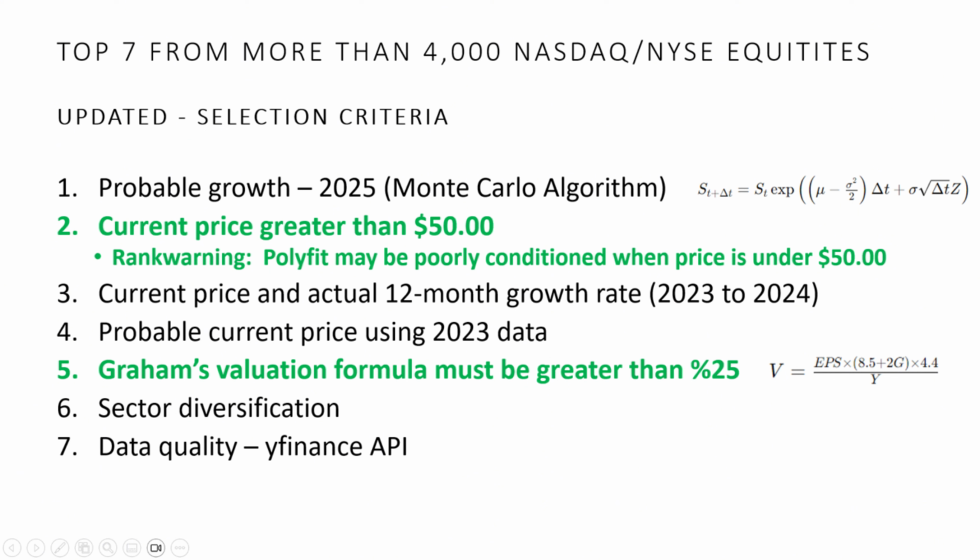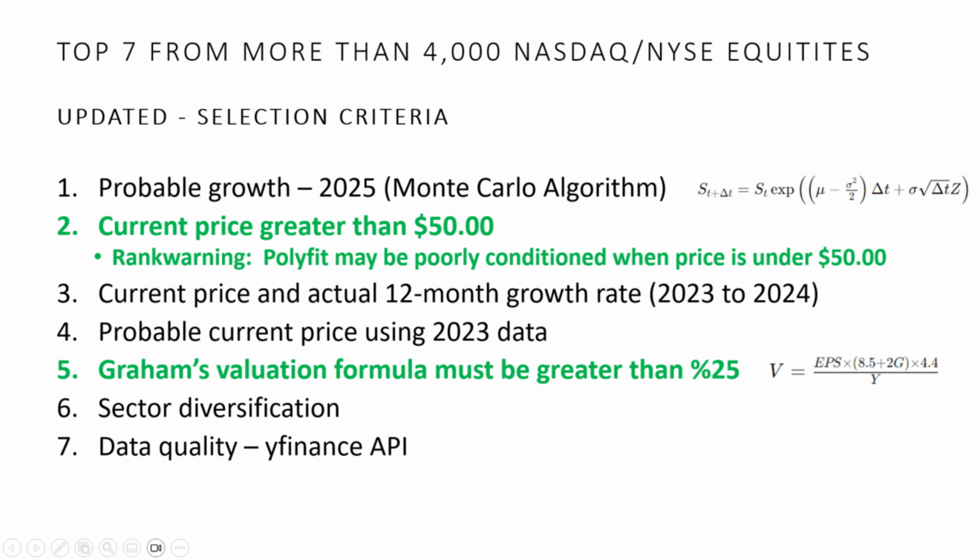And the reason for that, I'll share with the application: the Monte Carlo algorithm does not like values that are less than 50, because when you iterate more than 10,000 times for that model to come out with a probable price, if the starting value is less than 50, the probability variance is very small.